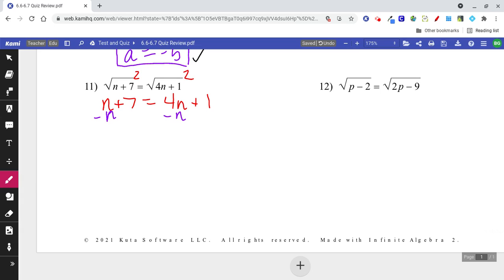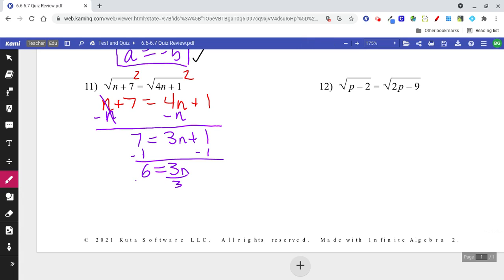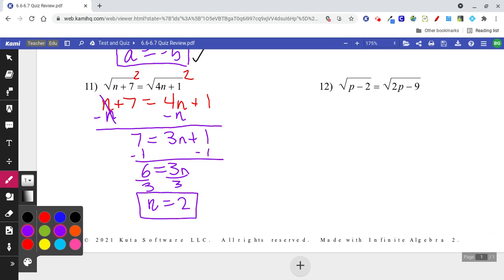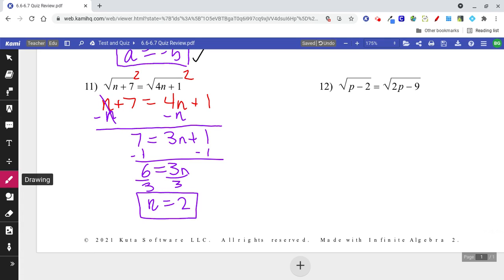I think that's the most efficient way. So 4n minus n is 3n. I'm going to isolate the variable now, so subtract 1. 6 equals 3n, divide by 3. N equals 2.